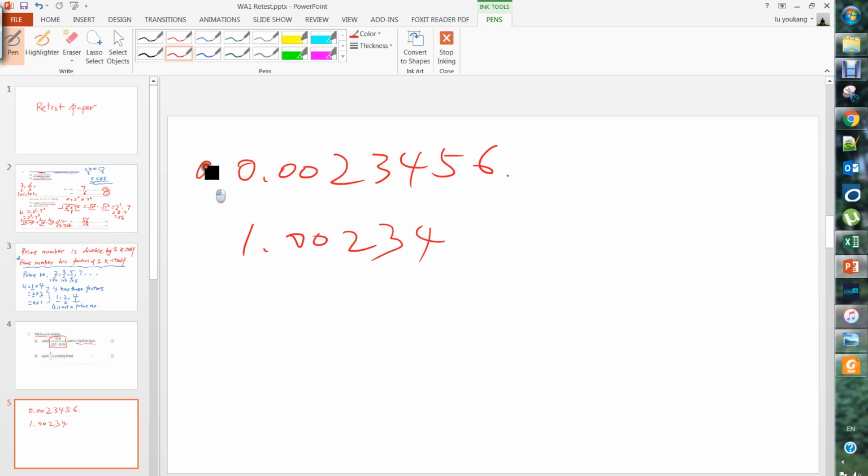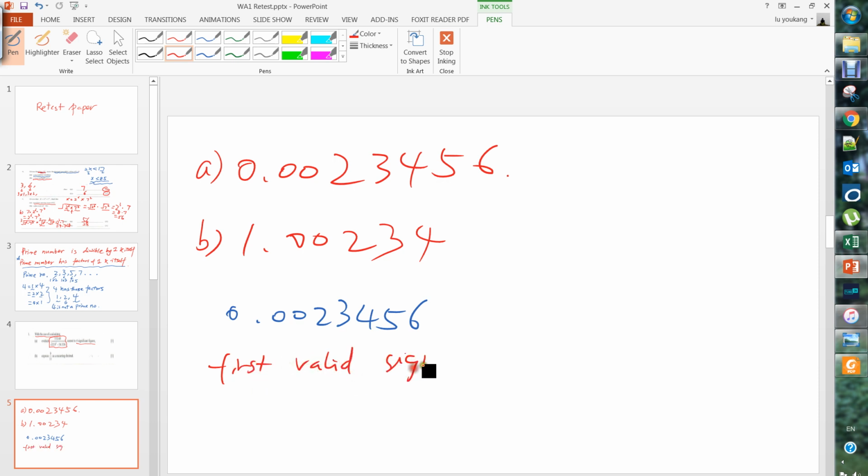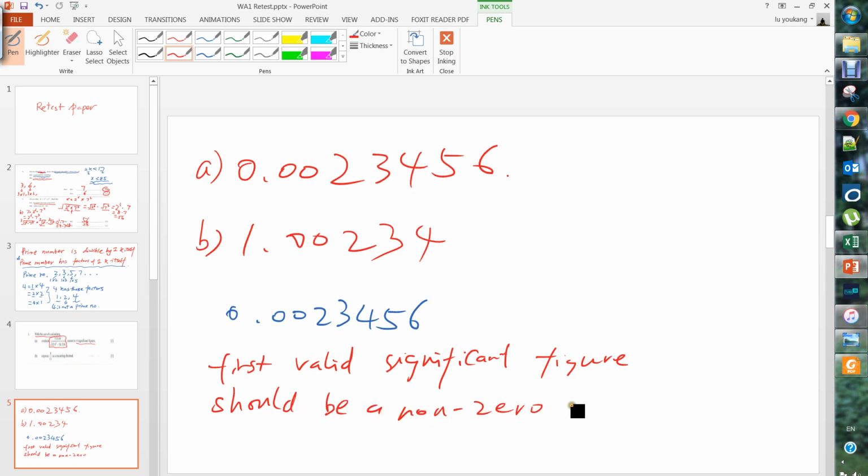Okay, so let's take a look at the first number. The first number is 0.00234556. To find significant figures, the first valid significant figure should be a non-zero figure, and then you start from there.